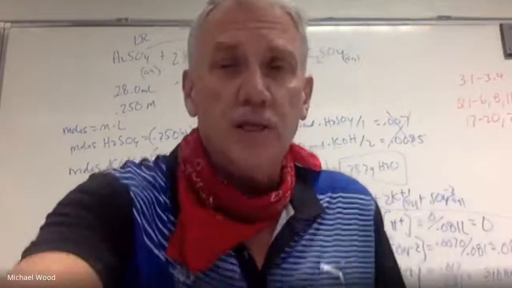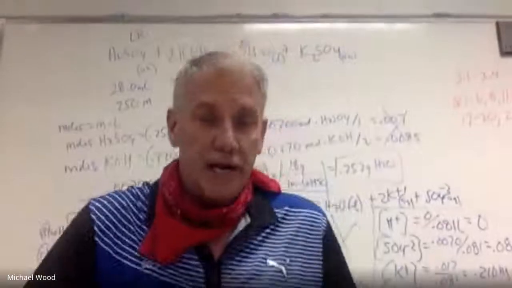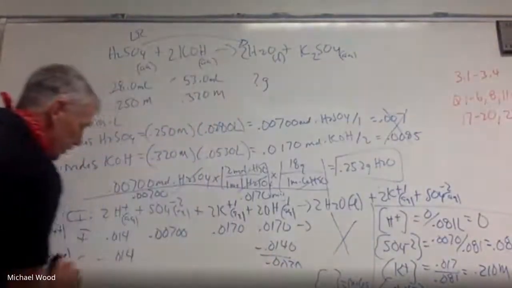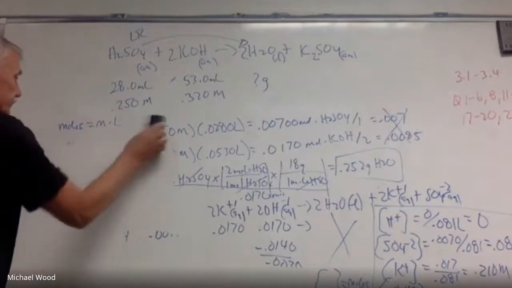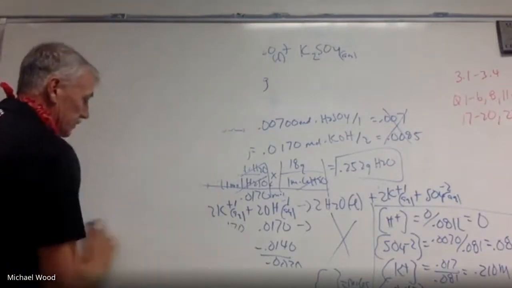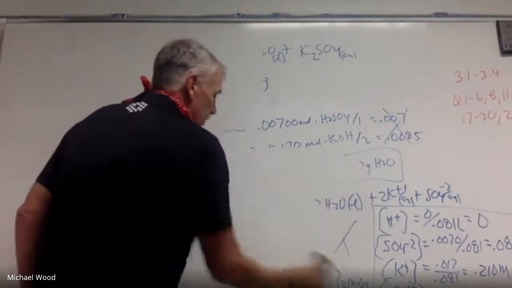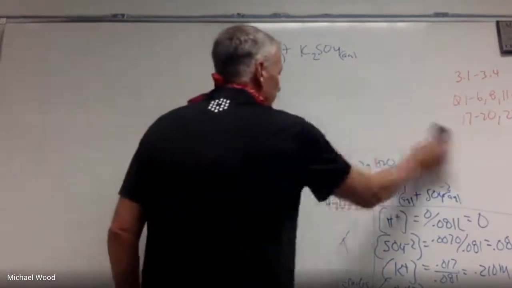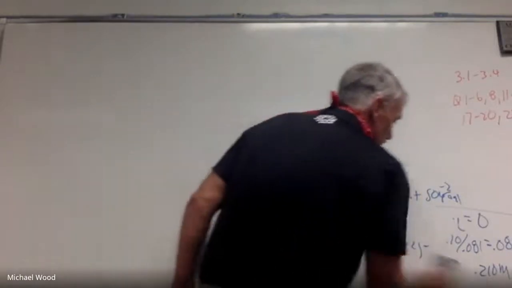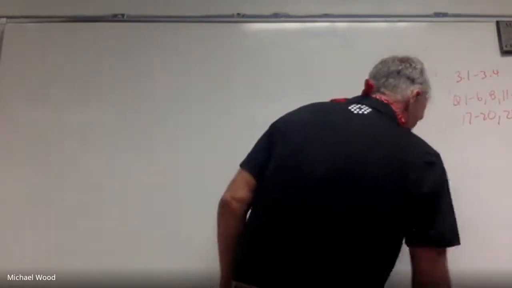Okay, so let me just again kind of do a diagram here on reviewing what we did in first year chemistry. So what we did, and I bet if you guys were in front of me and I asked you, do you remember that? I bet a lot of you would remember that.